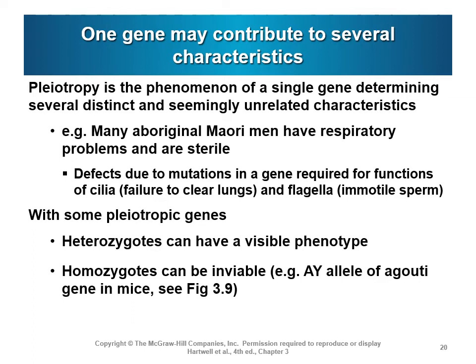These defects are due to mutations in a gene required for the functions of cilia, failure to clear lungs, and flagella, immotile sperm. With some pleiotropic genes, heterozygotes can have a visible phenotype. Homozygotes can be inviable.